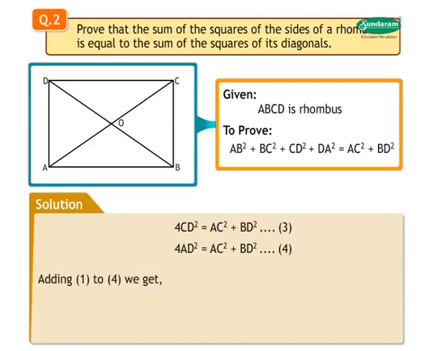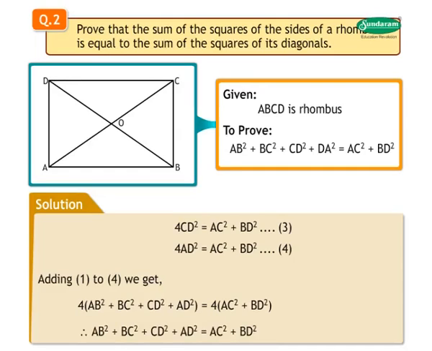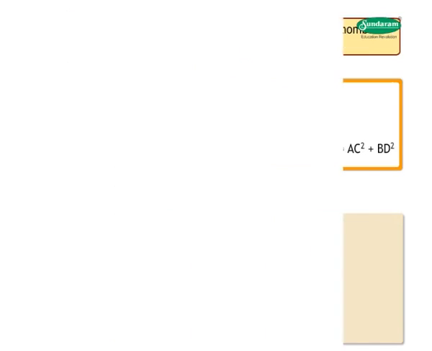Now by adding statement 1 to 4, we get 4 in bracket AB square plus BC square plus CD square plus AD square is equal to 4 in bracket AC square plus BD square. Therefore, on simplifying we get AB square plus BC square plus CD square plus DA square is equal to AC square plus BD square.